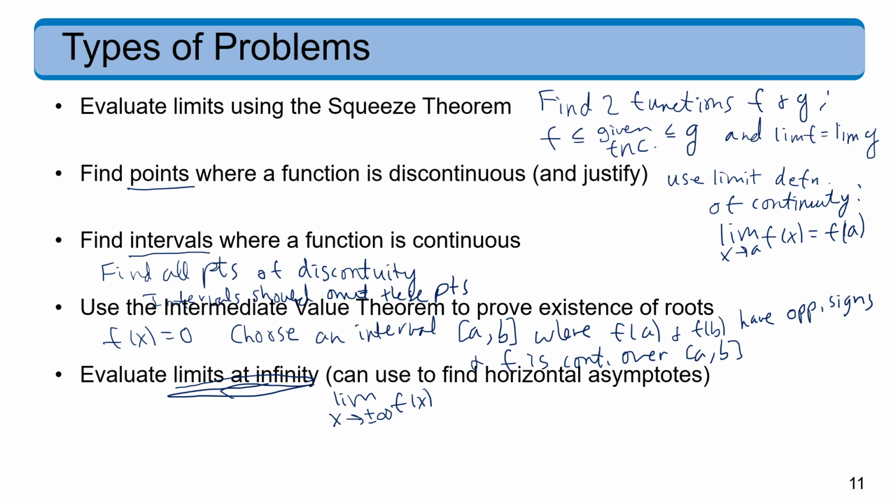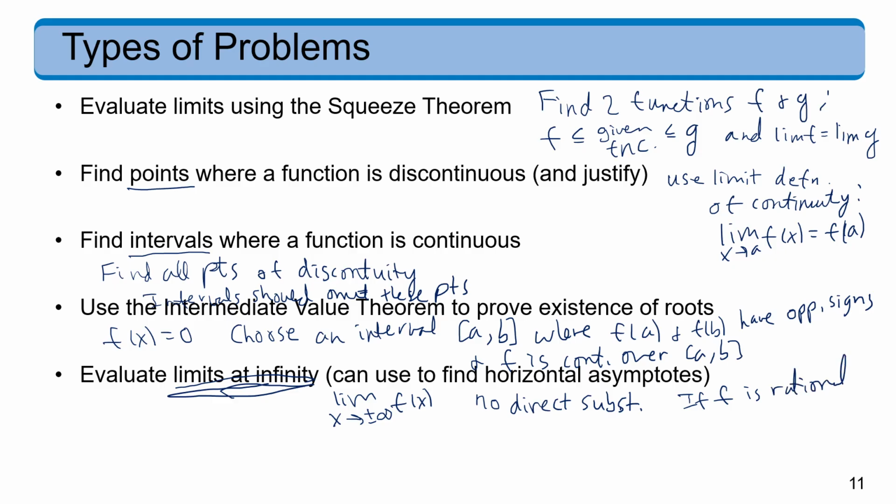You obviously can't use direct substitution because you can't plug in infinity for x. There was one specific technique that can be used if the function f is rational. Meaning a polynomial divided by a polynomial.